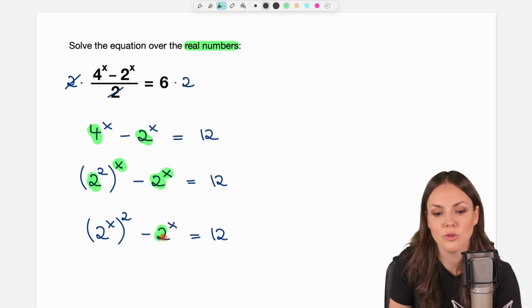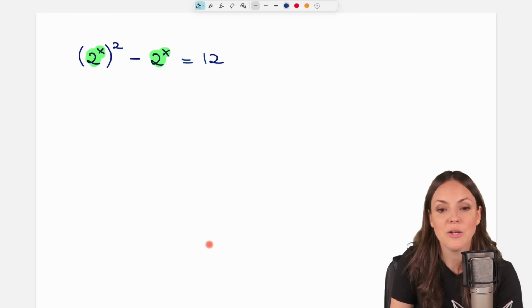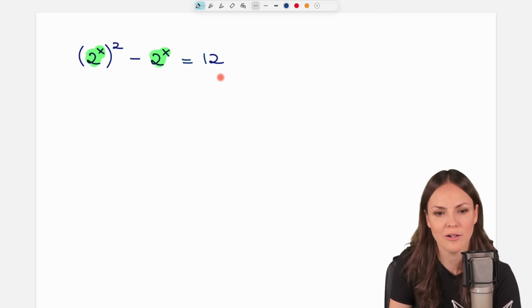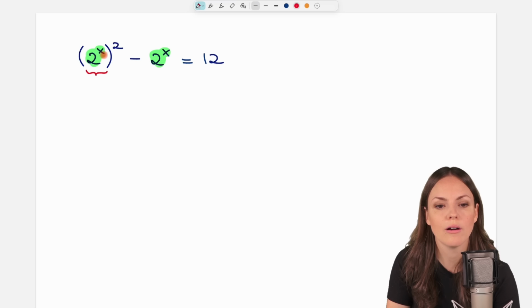Now we have 2 to the power of x here and 2 to the power of x here as well. And why is this so wonderful now? Because we can substitute this thing that looks pretty complicated. From now on, instead of 2 to the power of x, so instead of this green thing, we're going to replace it by, let's say, z.